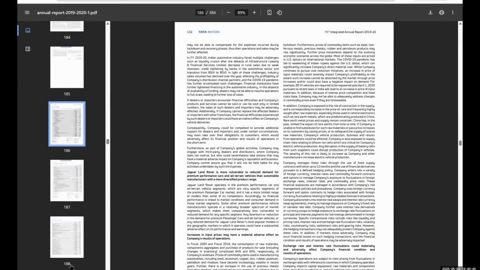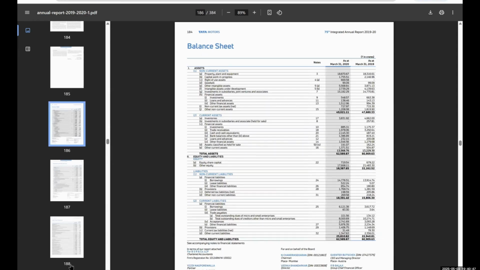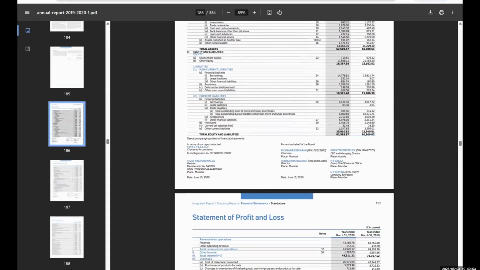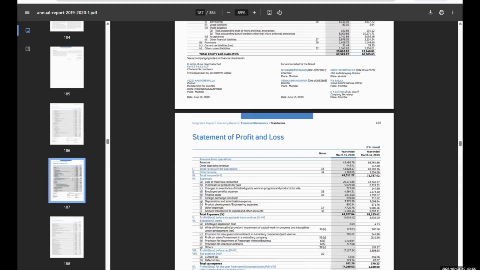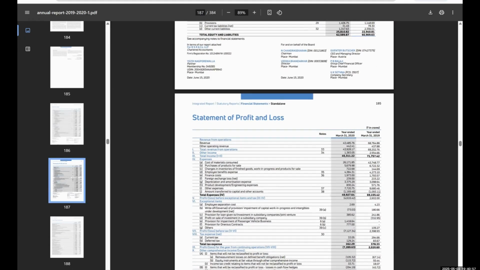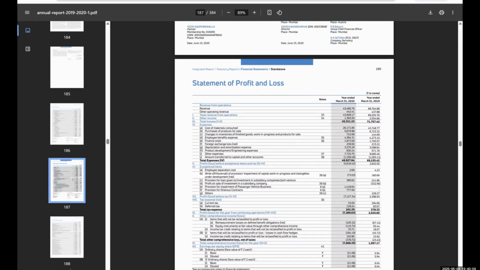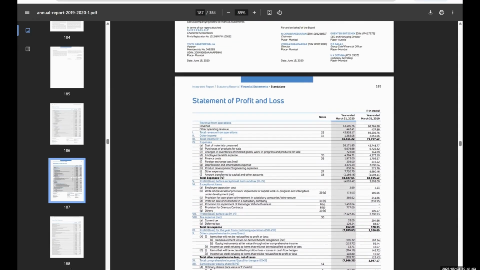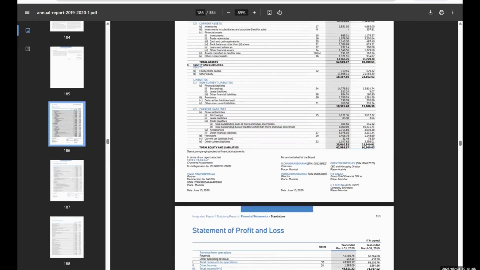Now, did you see this balance sheet? Yes, ma'am. Okay. So see, this is how you prepare a balance sheet. What is this? Statement of profit and loss. Every company will have a profit and loss account and balance sheet.